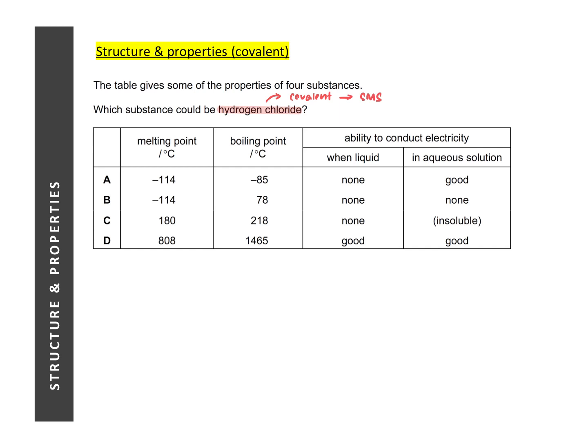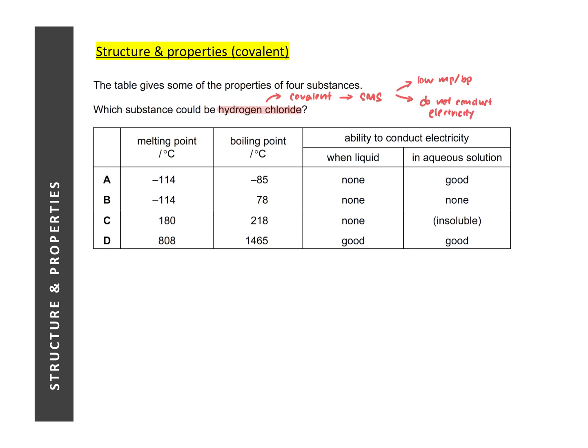And the next thing we need to be able to recall is that substances with simple molecular structures usually have low melting points and boiling points. Okay, they actually usually do not conduct electricity in any state.